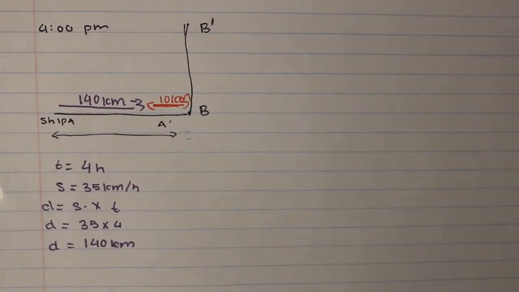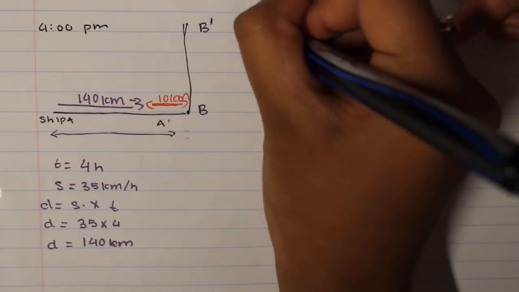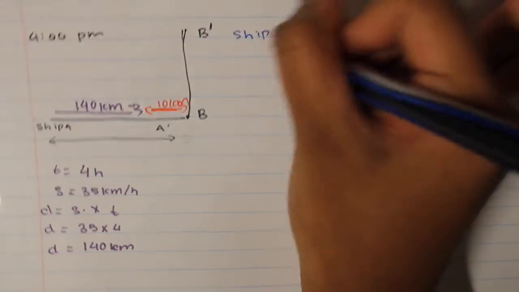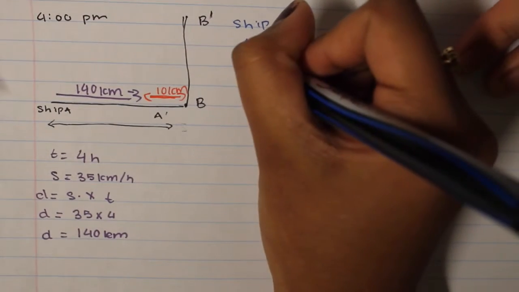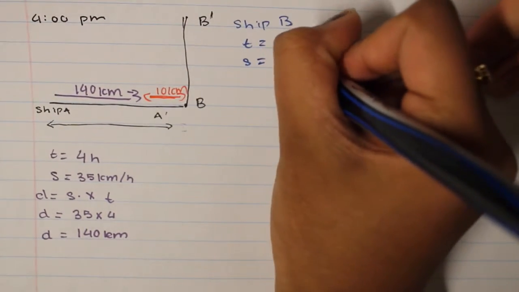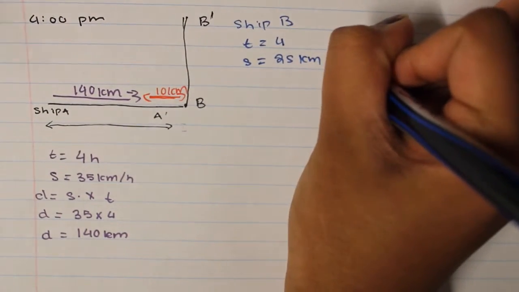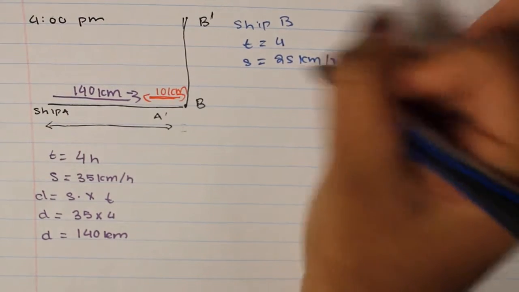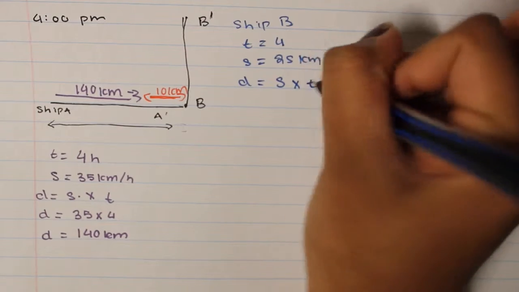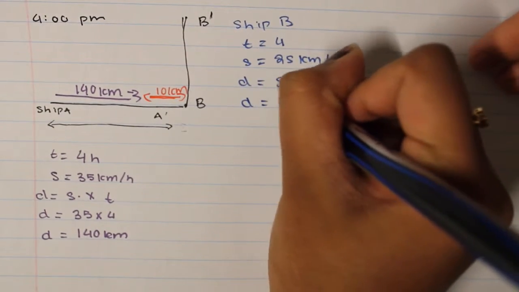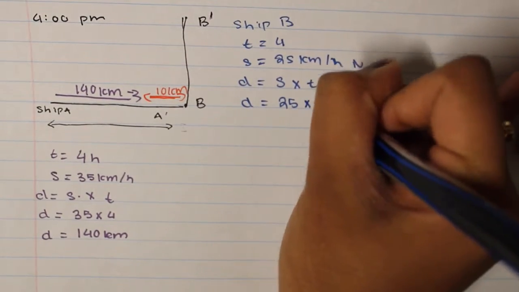Now we can go to ship B. Ship B would do the same exact thing. The time between 12 to 4 was 4 hours, and the speed was 25 kilometers per hour north. So distance is equal to speed multiplied by time. Distance is equal to 25 multiplied by 4.